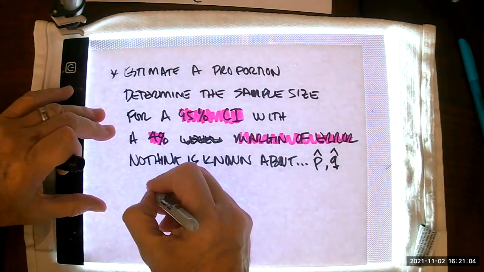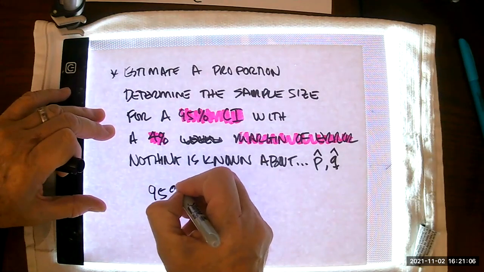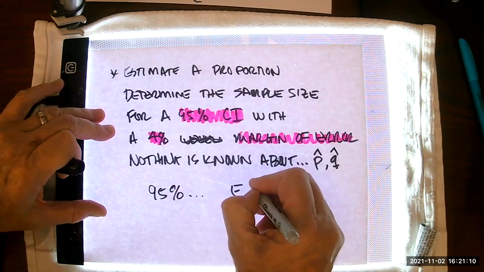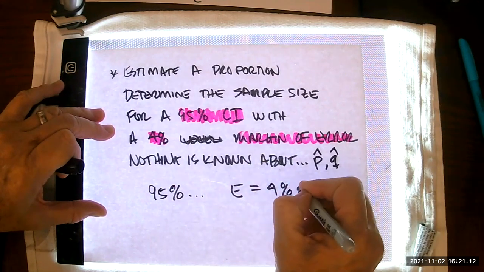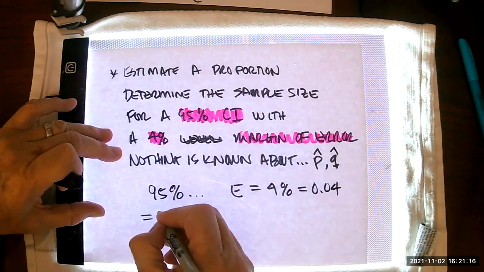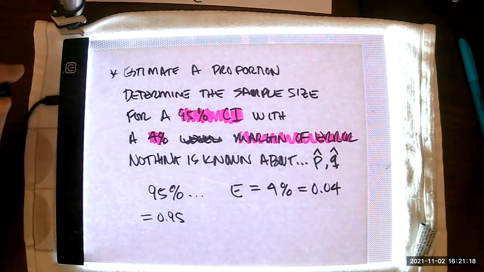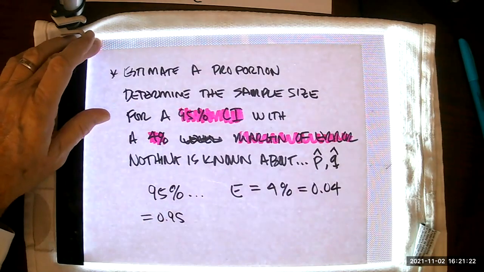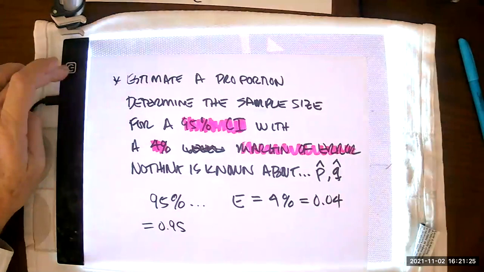So 95% level of confidence, E is equal to 4%, 0.04. This will be 0.95 if and when I need that. Now, let me go ahead and run through the process of taking care of that. Let me note those values over here.